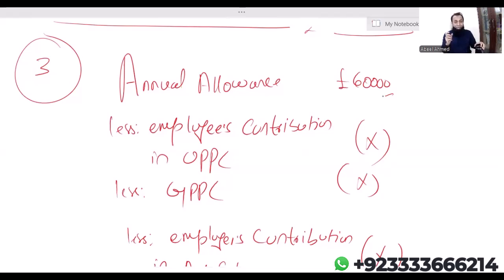The limit is 60,000, but the rules we are going to discuss, where the unused limit is carried forward for 3 tax years and utilized on a FIFO basis, are only applicable when you are a member of a registered pension scheme, at least one of them, either OPPC or PPC.